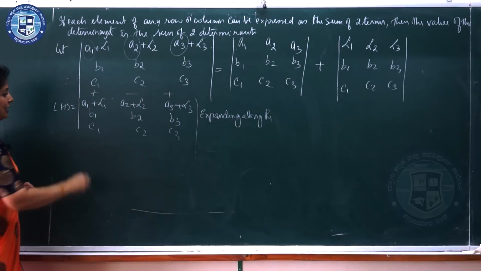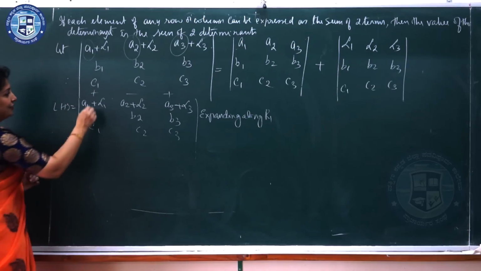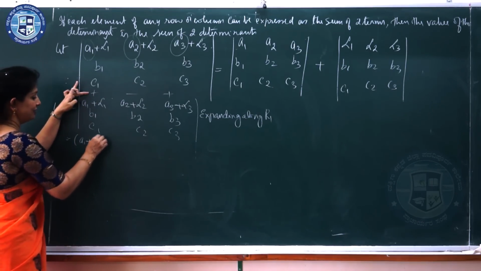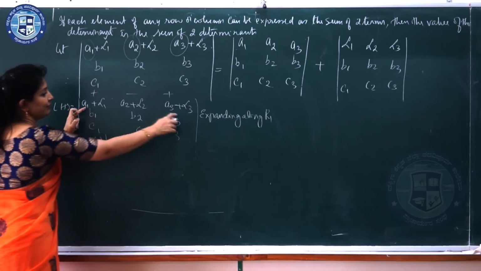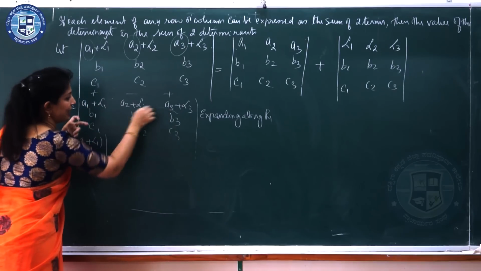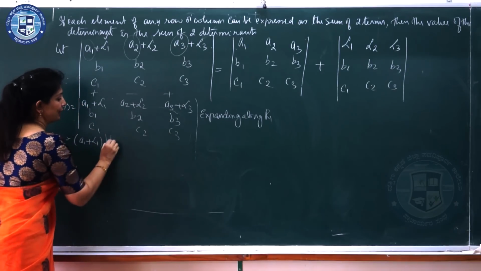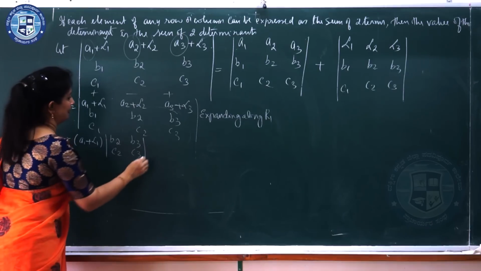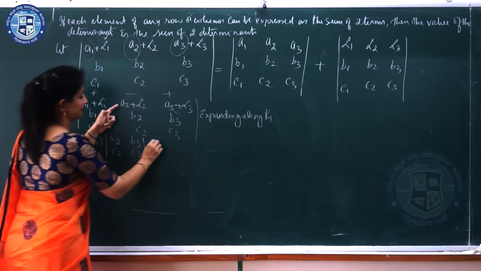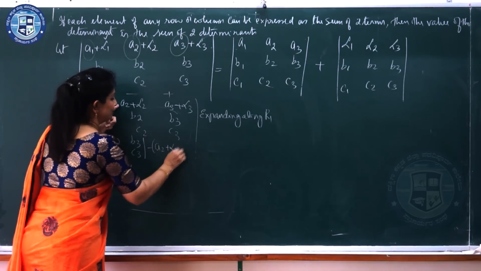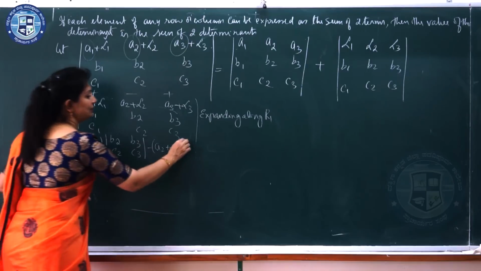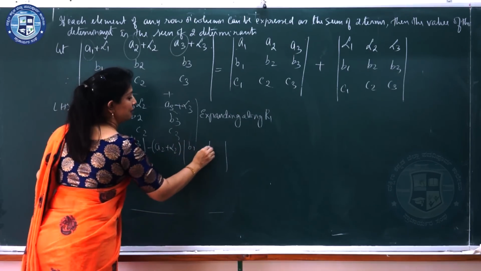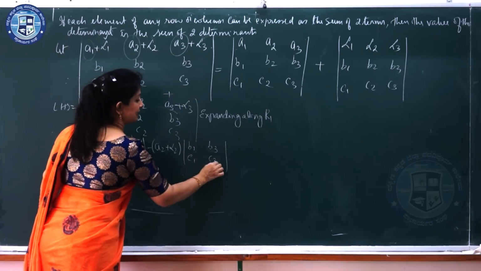Expanding along R1, the first position sign is plus, so it is A1 plus alpha 1 into the determinant; leave the first row and first column and write the remaining elements as a determinant, B2, B3, C2, C3. Minus the second element, A2 plus alpha 2, leaving the first row and second column, it is B1, B3, C1, C3.